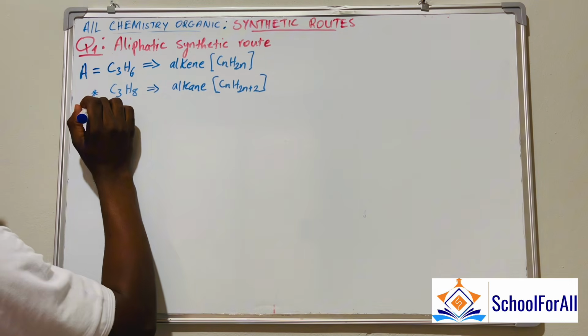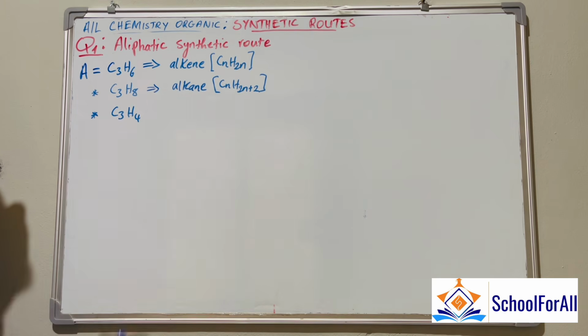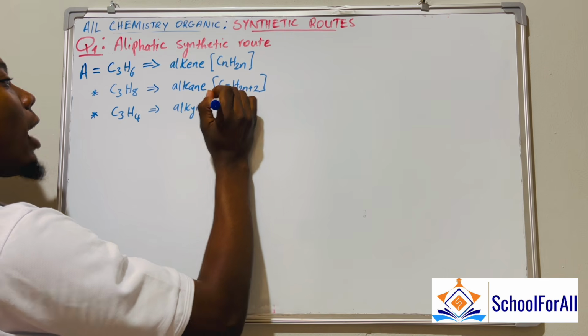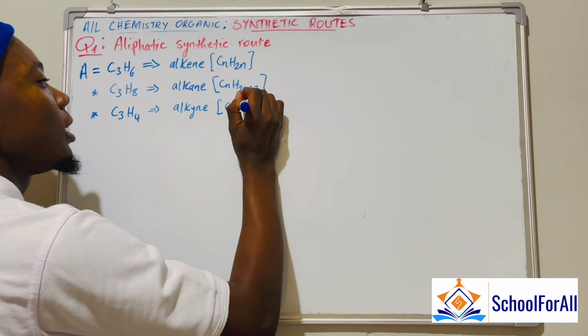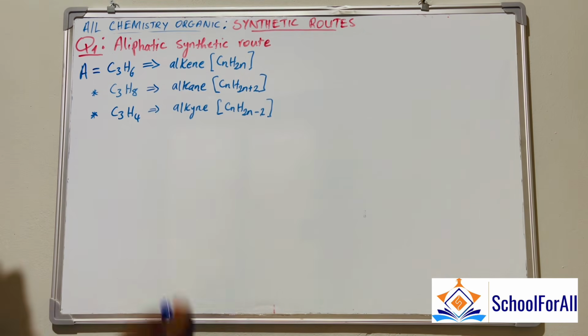And if you see a compound instead like C3H4, it means that the number of hydrogens is less than the number of carbons times 2. So here we instead have an alkyne, and the general formula is CnH2n-2. So this is how we identify hydrocarbons based on their formula in a synthetic route.